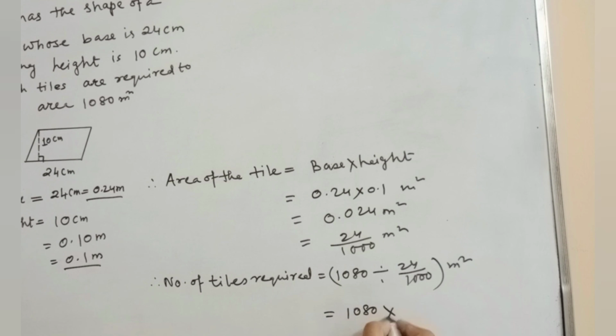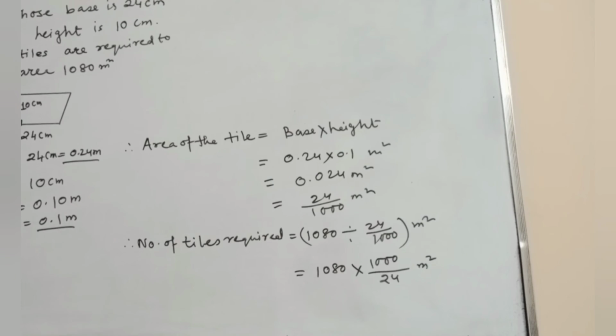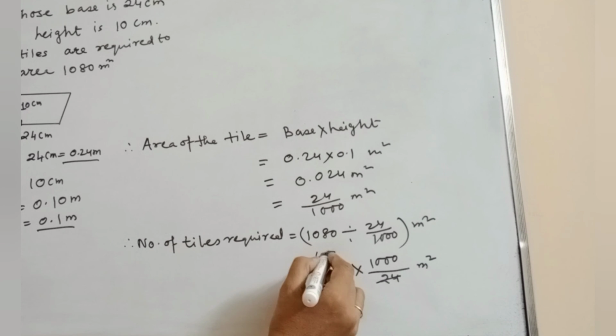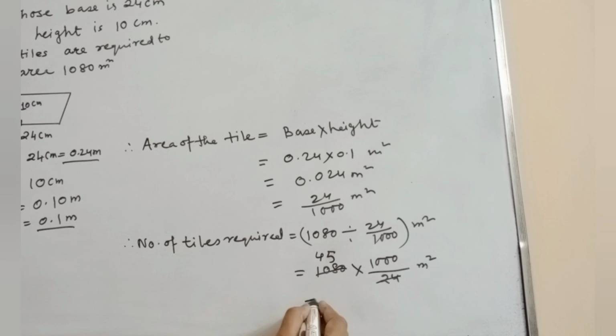That is 1080 into 1000 by 24. Complete the cancellation. If you need to do rough work, you can do it on the right side. 24 into 1080, it will be 45. Now multiply. The number of tiles will be 45,000.